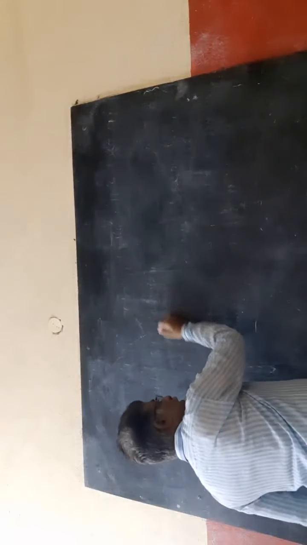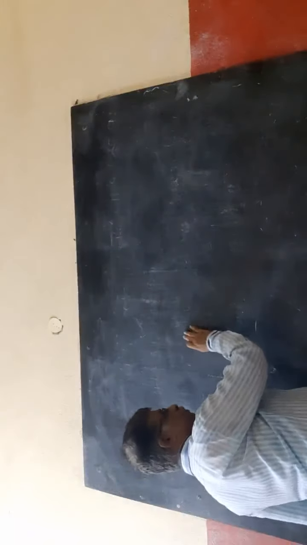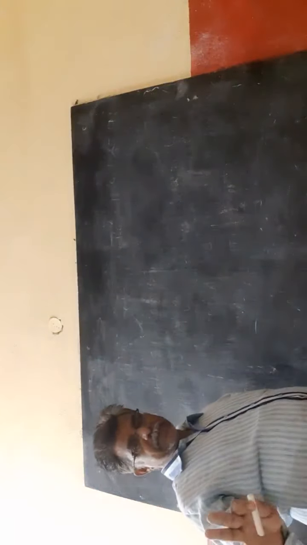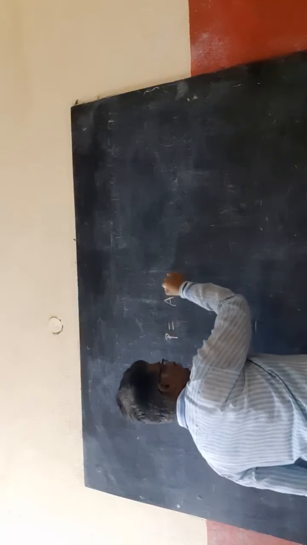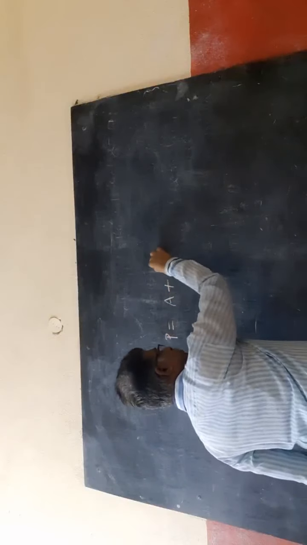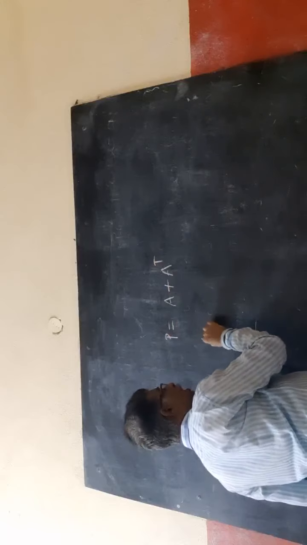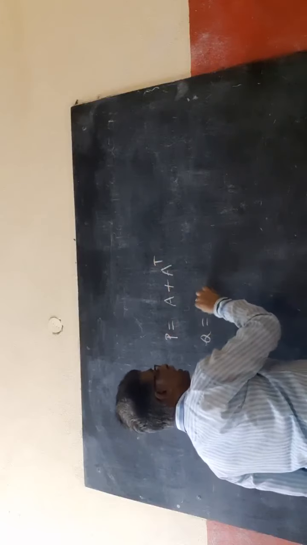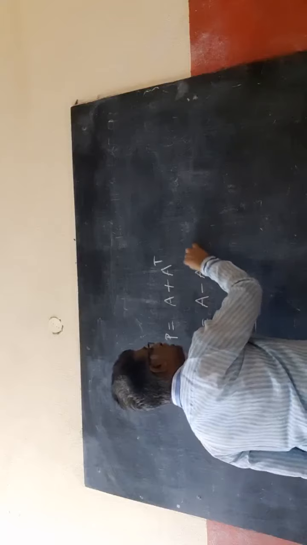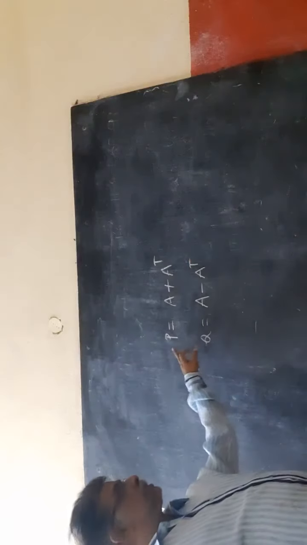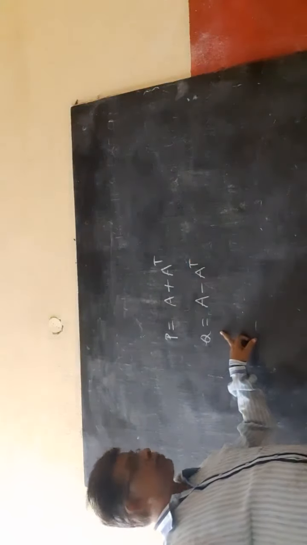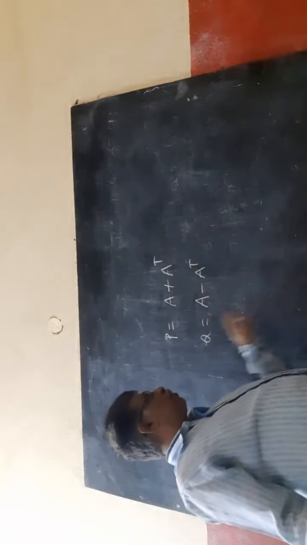Means P equal to A plus A transpose and Q is equal to A minus A transpose. This is symmetric matrix. This is always skew symmetric matrix. So A equal to P plus Q.